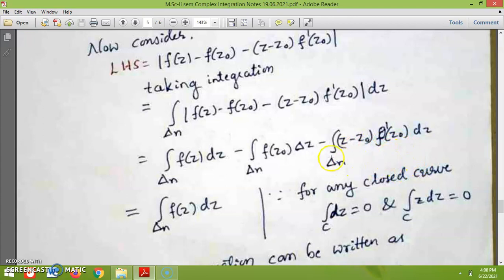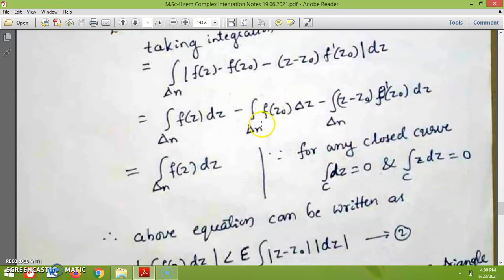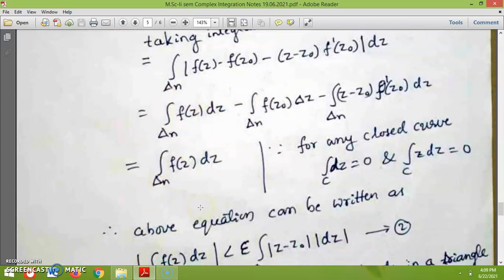So this is also constant into 0, since z0 and f dash z0 are constant. Taking it outside, the integration of 1 dz over the triangle delta n is also 0, and since it contains z dz, this integration is also 0 for any closed curve, so that only the expression remains in this integration, this one. So that is what there.